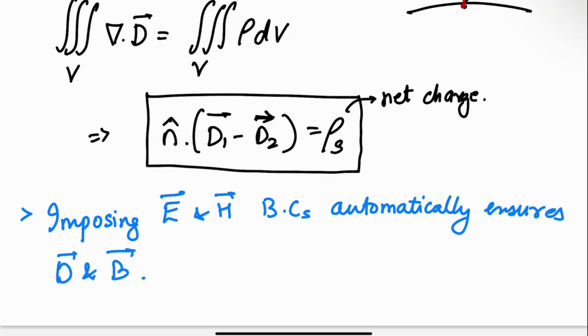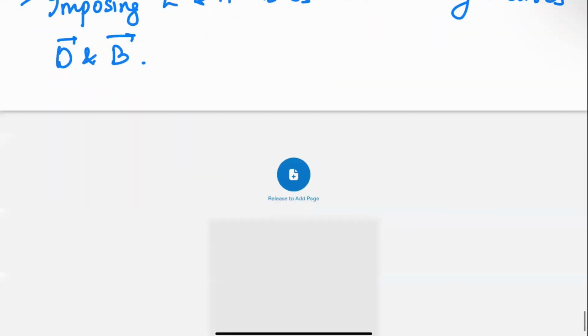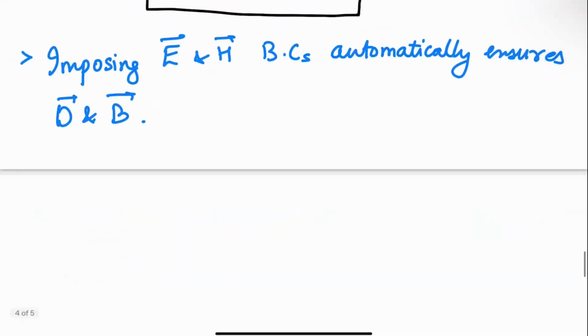And I'm not going to prove this because it's one of the homework problems that I've assigned. It's in the book as well, as one of the book problems after chapter 1 in the textbook. But essentially, you can do it in a single coordinate system. I won't say more than that here. You can try it as one of the problems. Okay, so that's about the 4 boundary conditions which we've derived now.